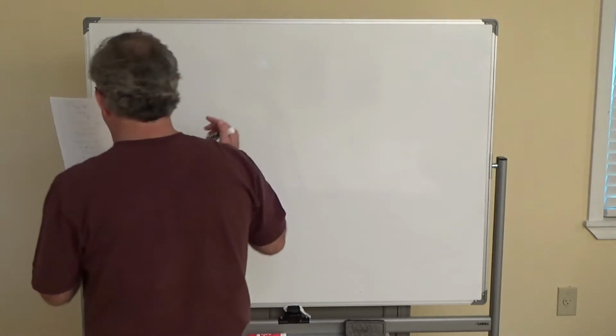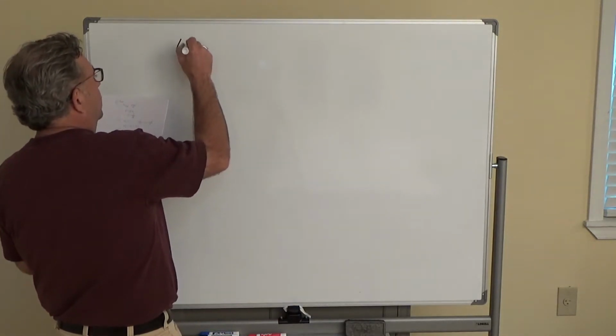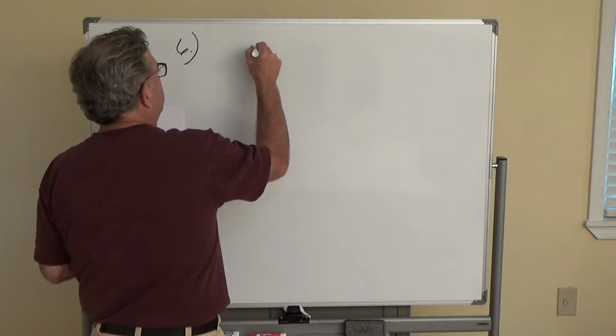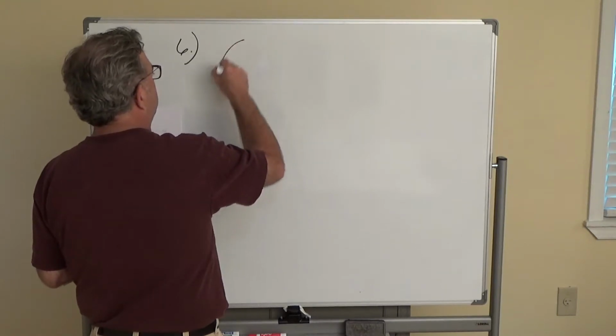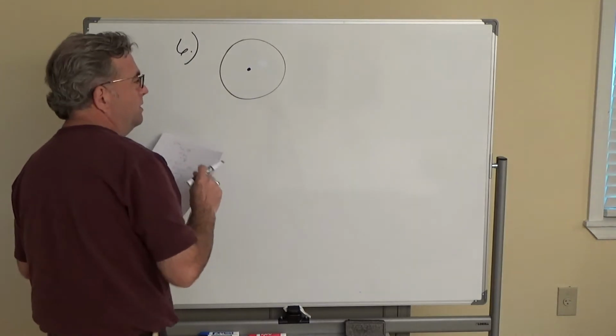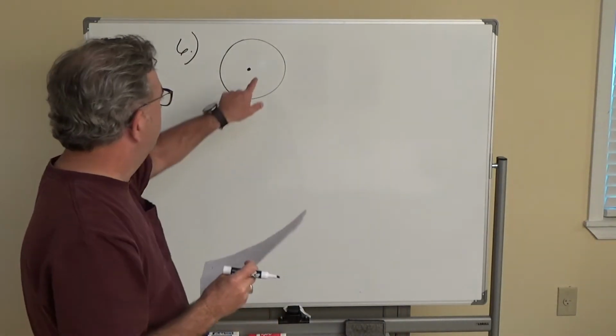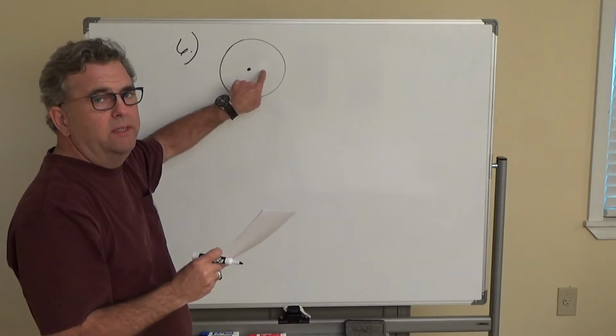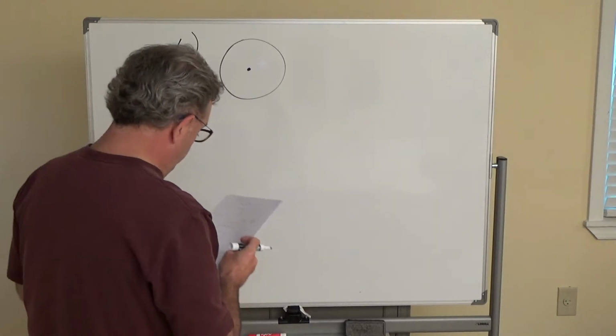Number 6. So here's a disk. Here's an axis of rotation, which is at the center of the disk. That's nice. If the rotation were over here, that would be a little bit harder.